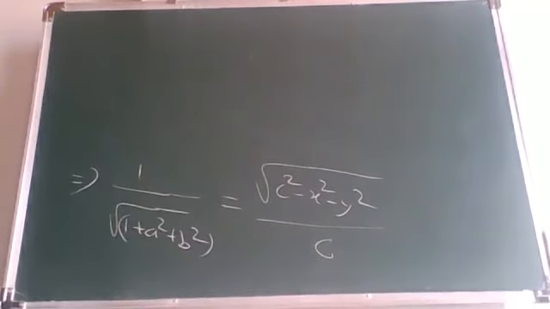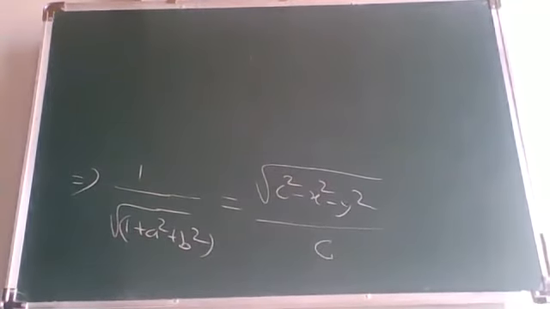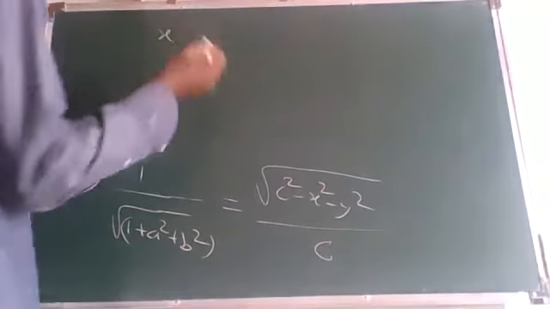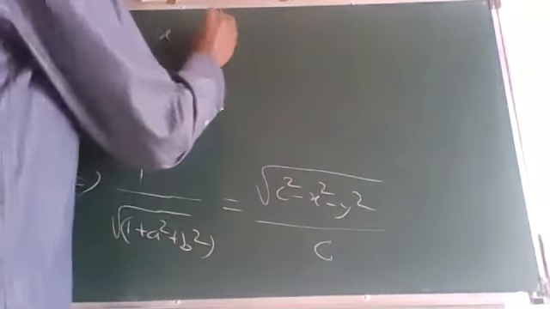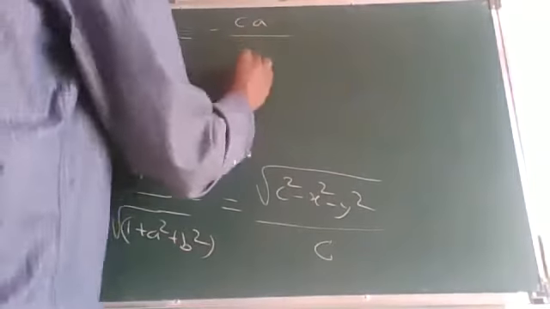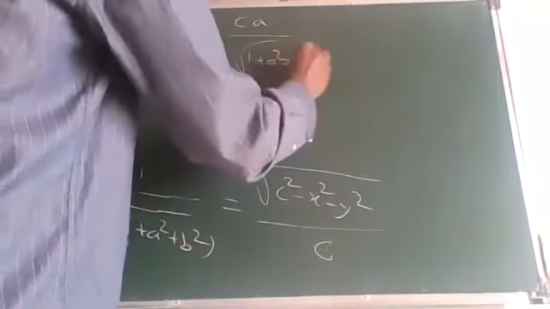See the equation 2, tell me the equation 2. x is equal to minus capital C A divided by square root of 1 plus a square plus b square. And equation 3 is y equal to minus capital C into small b divided by square root of 1 plus a square plus b square. But see the equation, I am repeating, otherwise not. x is equal to minus capital C A divided by square root of 1 plus a square plus b square.